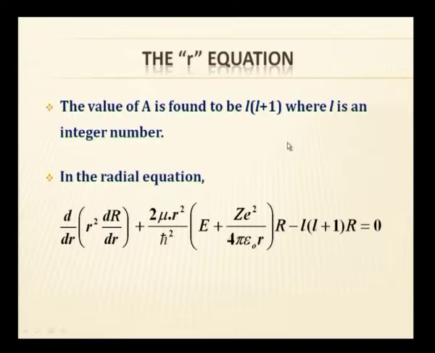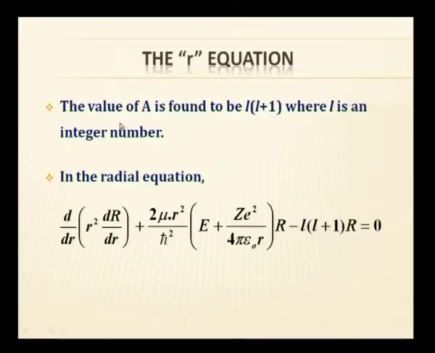The value of A that you have here is found to be, I will not go into the details, because these equations, unlike what we saw in the particle in a box problem, are much more complicated, containing Legendre polynomials, Laguerre polynomials and so on.